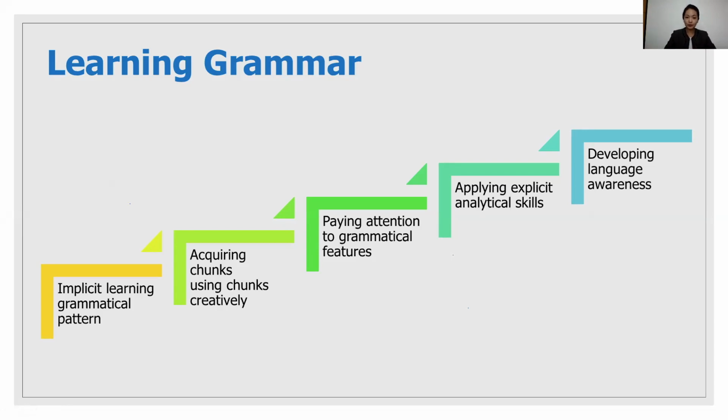For example, if they have learned "may I go to...", they can apply it in a real situation, for example, "may I go to my friend's house?" or "may I go to the toilet?" These are the kinds of patterns they will have.